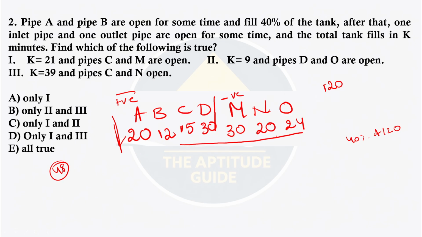So A and B working together, they filled 48 units. A 20, B 12. I assumed the total as 120. So A can fill 6 per minute. B can fill 10 per minute. So A and B working together can fill 16 units per minute.